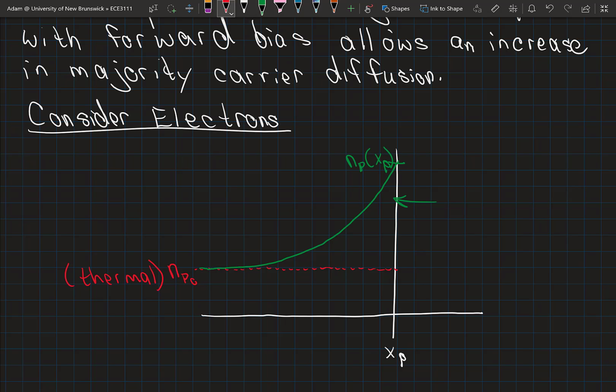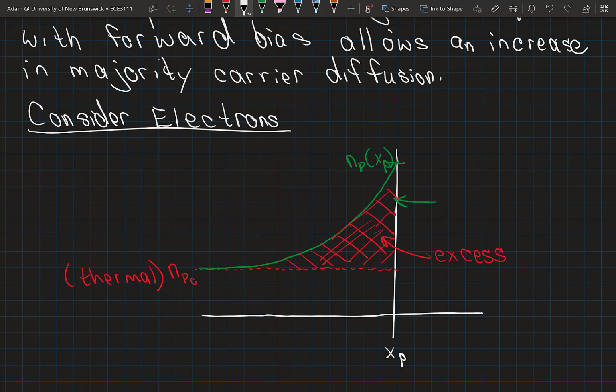And this area in here is defining the excess electrons that exist as a result of that minority carrier injection due to the increased diffusion current.